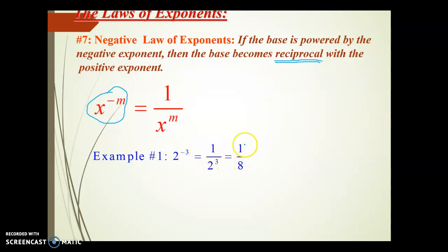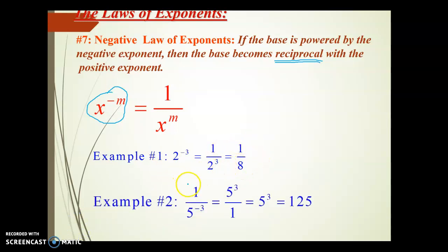Simplified, 1 over 8. So what about if it's in the denominator? So you put it in the numerator, right? 1 over 5 to the negative 3. Put it in the numerator, 5 cubed, and then 125. Okay, do you follow? Good.